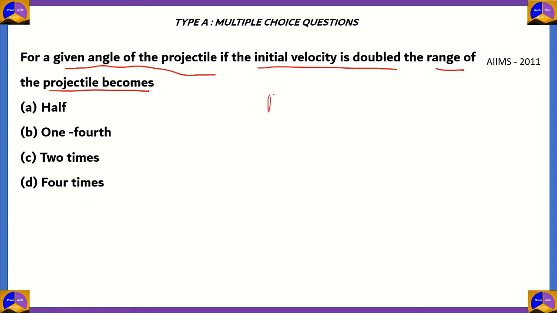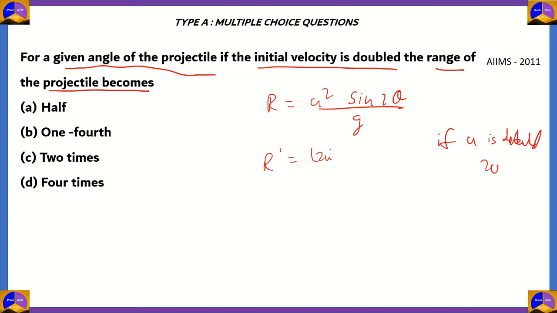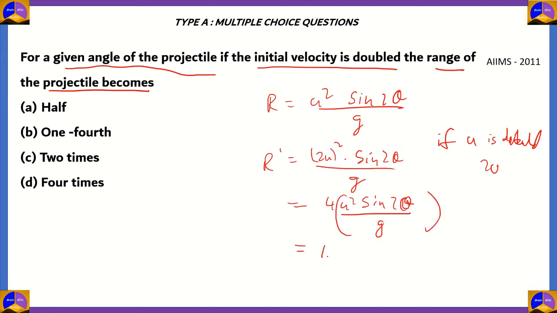So here we use the formula R equals U square sine 2 theta divided by G. If U is doubled, so say we have 2U instead of U, R dash will become (2U) whole square times sine 2 theta divided by G. That is equal to 4U square sine 2 theta divided by G. U square sine 2 theta by G is the original range, so R dash will be equal to 4R.